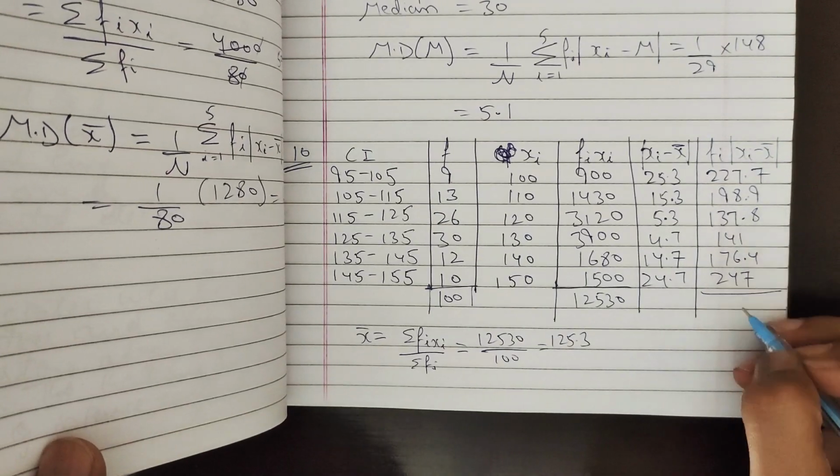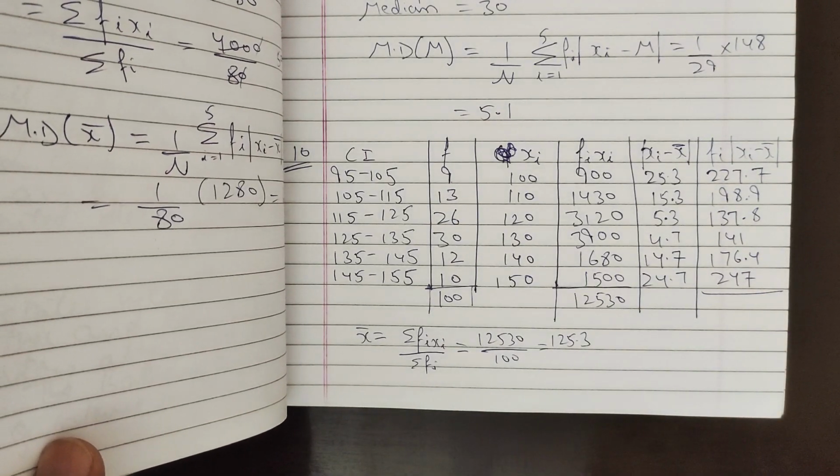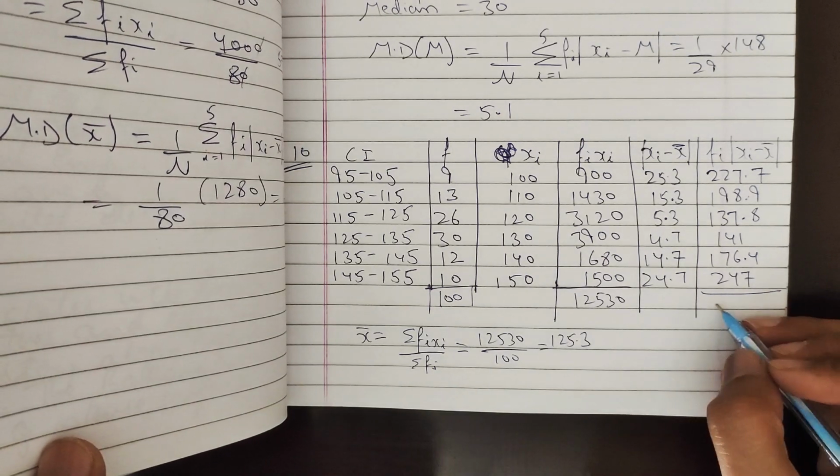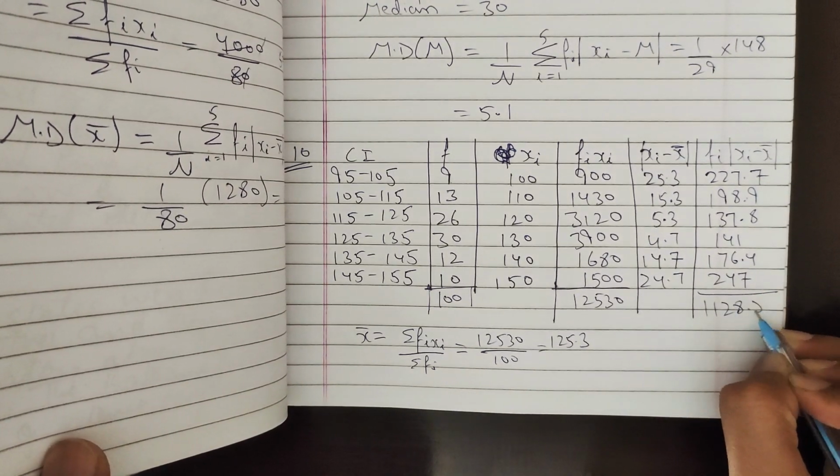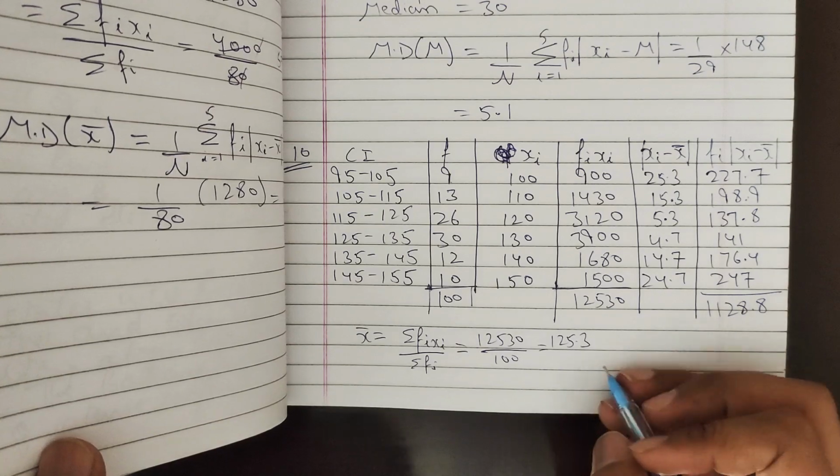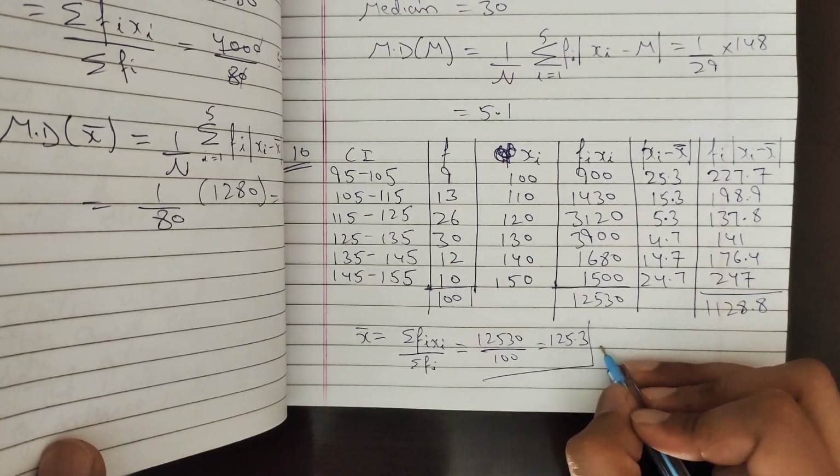Now add all the values. So on adding all the values, this will be equal to 1128.8.